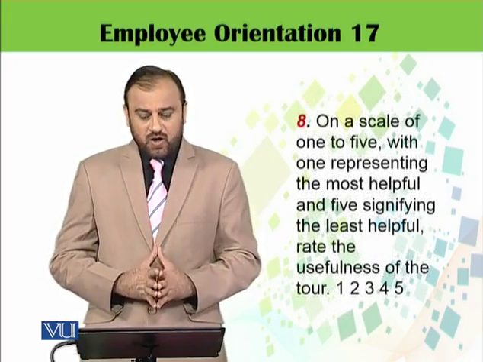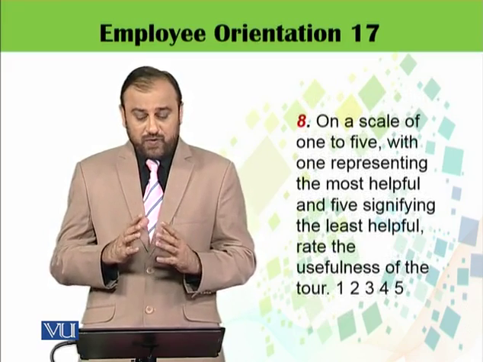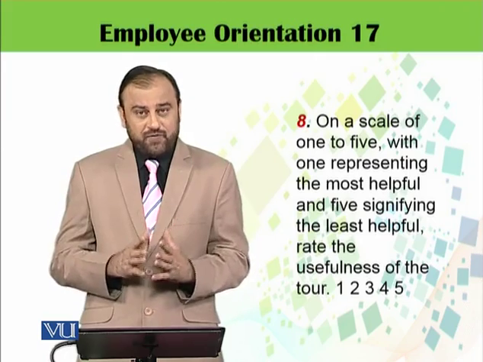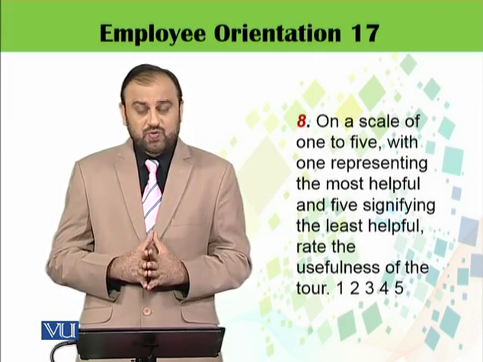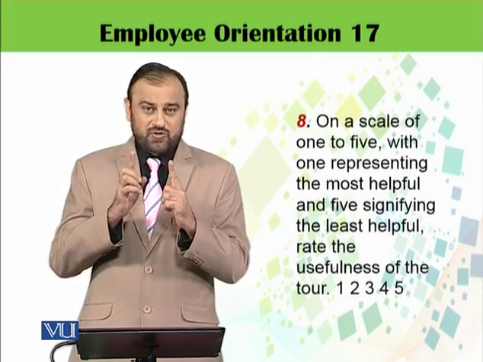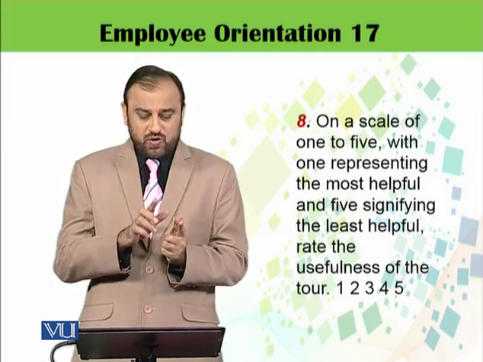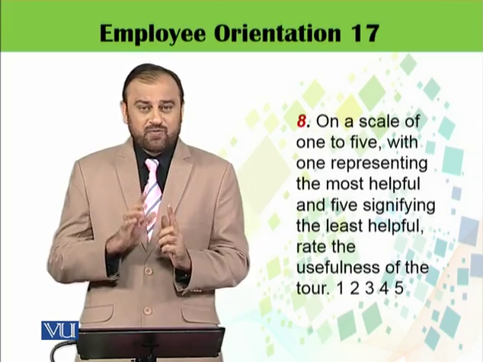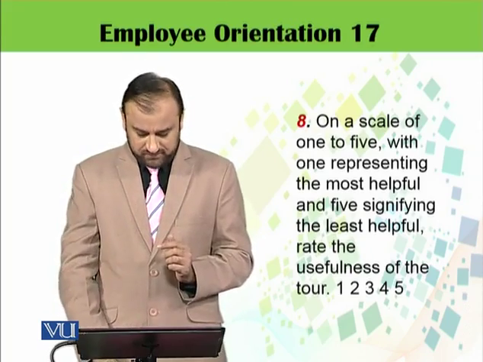And number 8: on a scale of 1 to 5, with 1 representing the most helpful and 5 signifying the least helpful, rate the usefulness of the tour. Here you are asking about the tour, how effective it was. If it is less effective, it is a 1. If it is most effective, it is a 5.